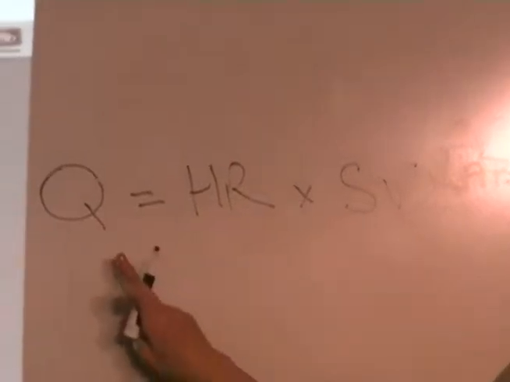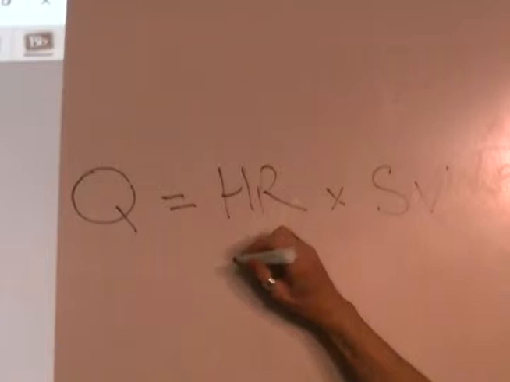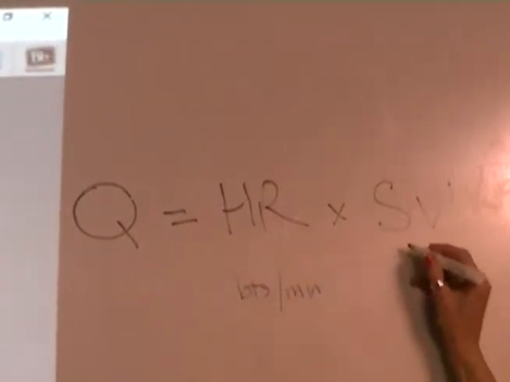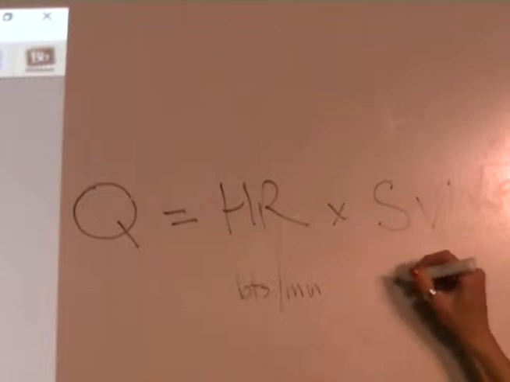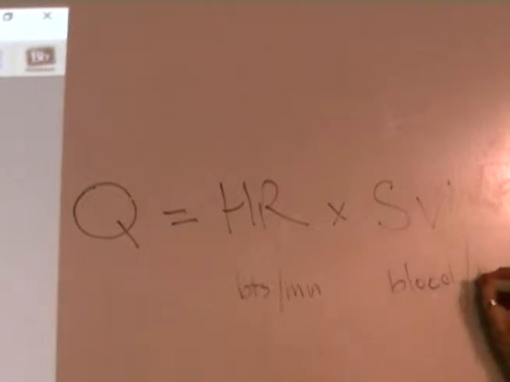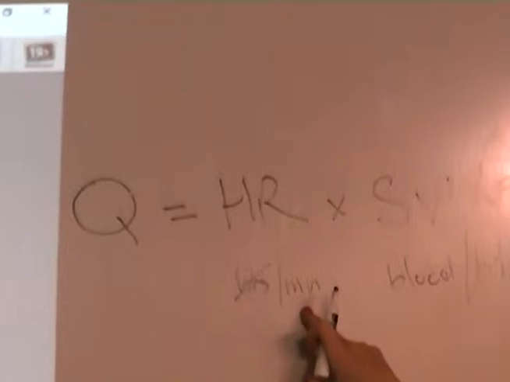So Q is how much blood leaves per minute. Heart rate is beats per minute. And stroke volume is blood per beat. So mathematically the beats cancel out and I have blood per minute.